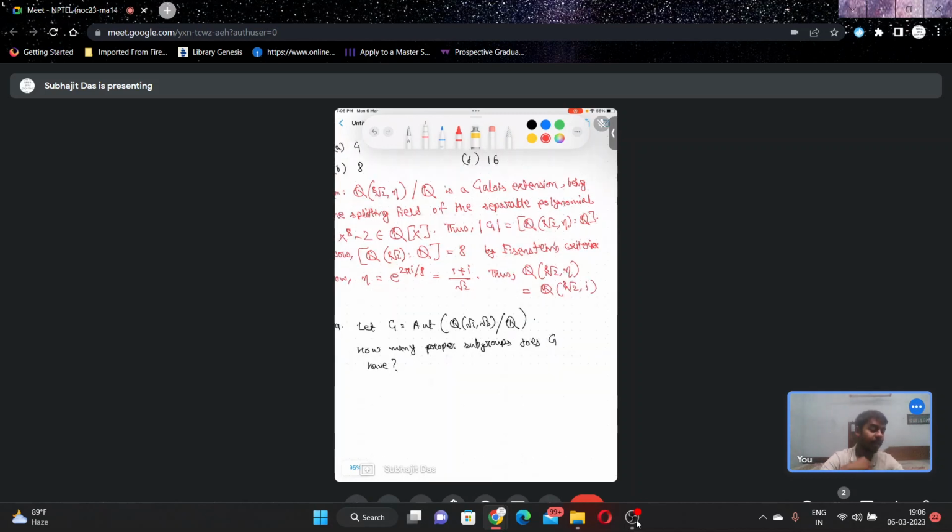Why? Because eta is clearly contained in Q adjoined with the 8th root of 2 comma I, and conversely I is also contained in this, because root 2 itself is in Q adjoined with the 8th root of 2.